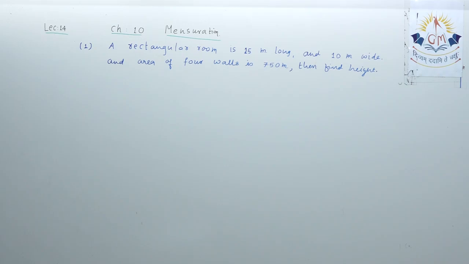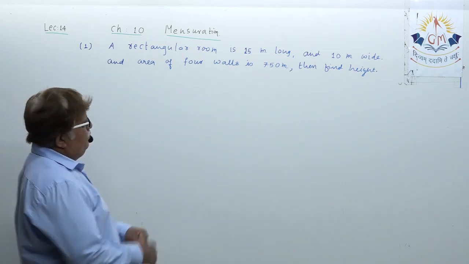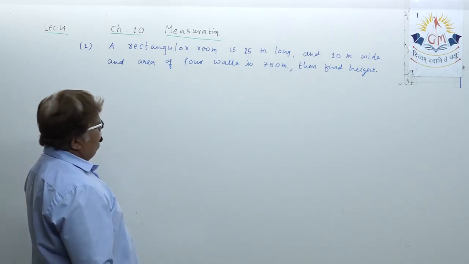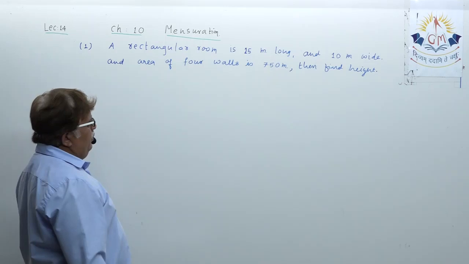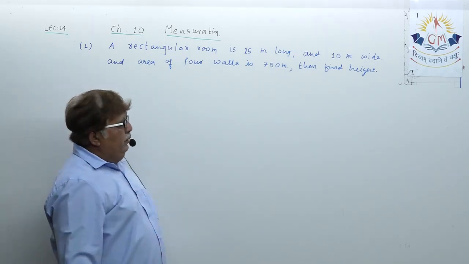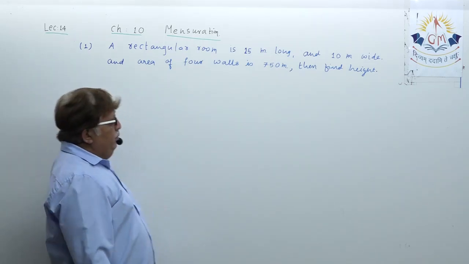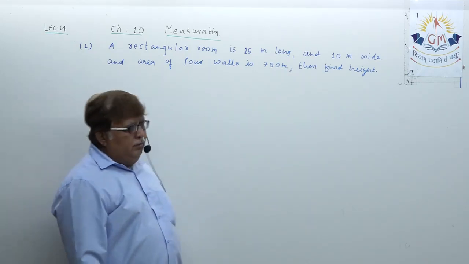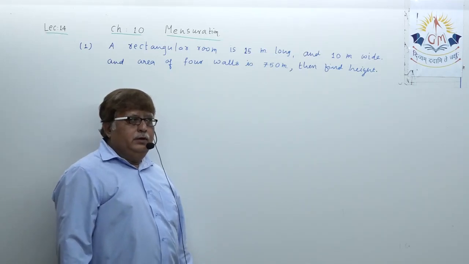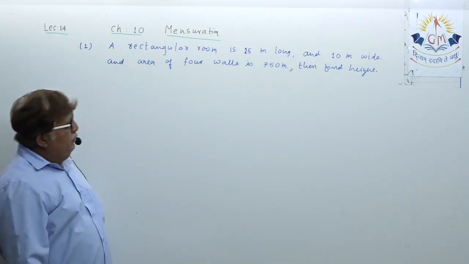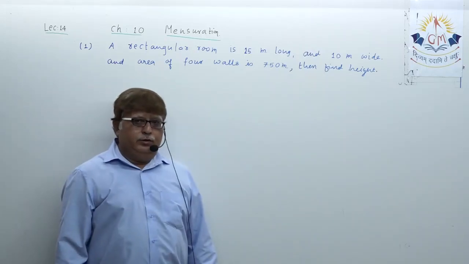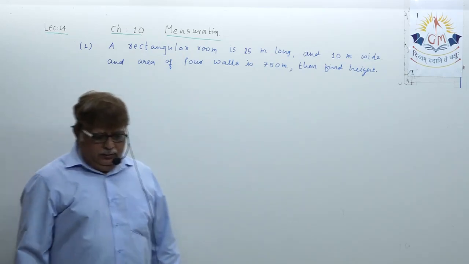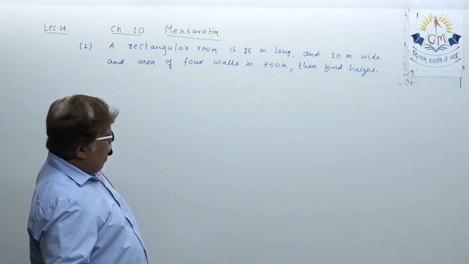What has been given in the question? A rectangular room is 15 meter long and 10 meter wide, and the area of 4 walls has been given as 750, and you have to find the height of the room.